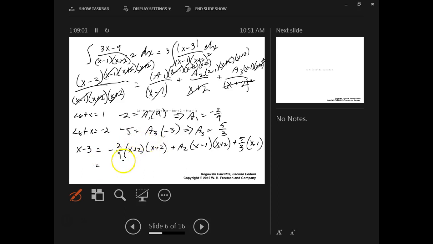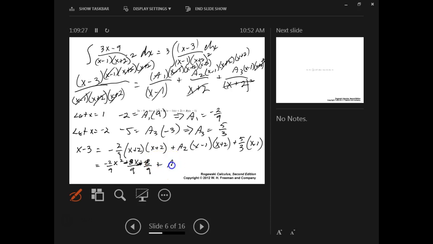X plus 2 times x plus 2 is x squared plus 4x plus 4, multiplied by minus 2 ninths, that's minus 2 ninths here, minus 8 ninths here, minus 8 ninths there, right?